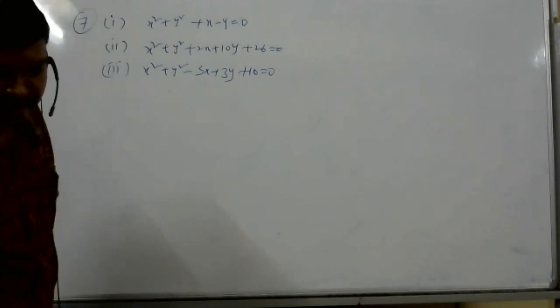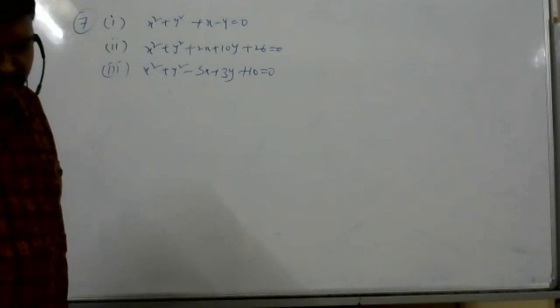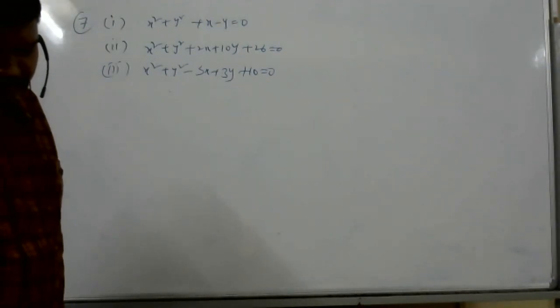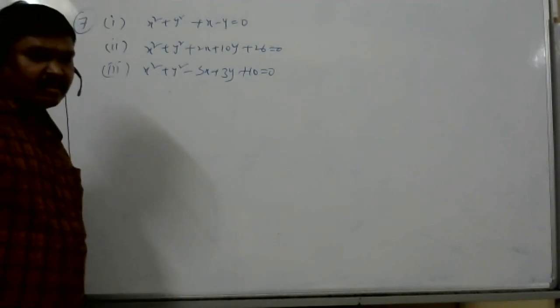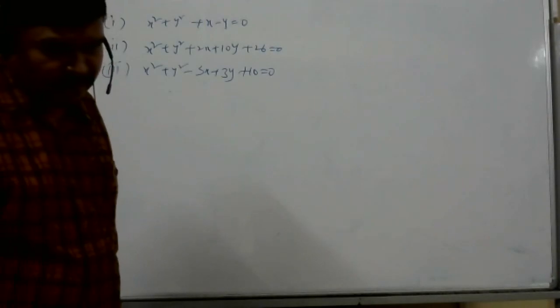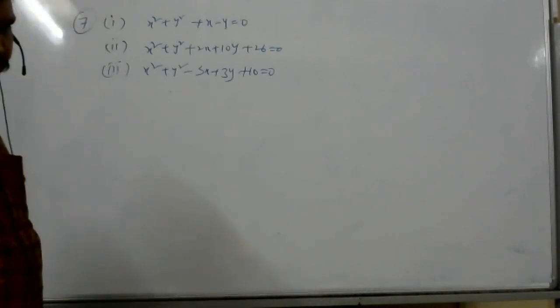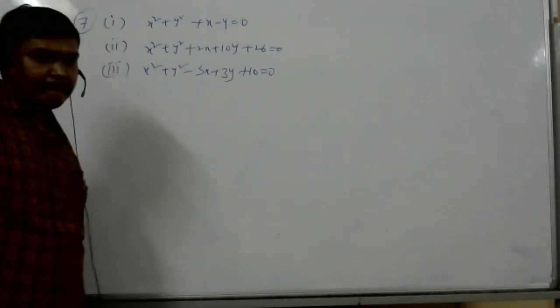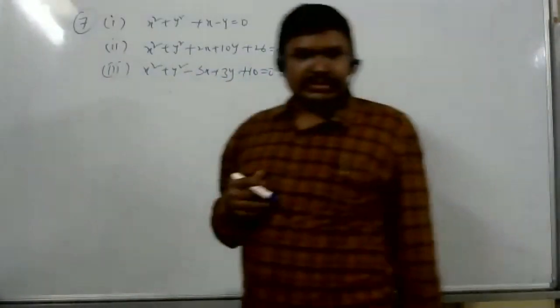If the coefficient of x square or coefficient of y square is negative, this means there is no circle, an imaginary circle. Yes, but there is no circle in the real plane. That point I forgot last time. Next class I will teach.